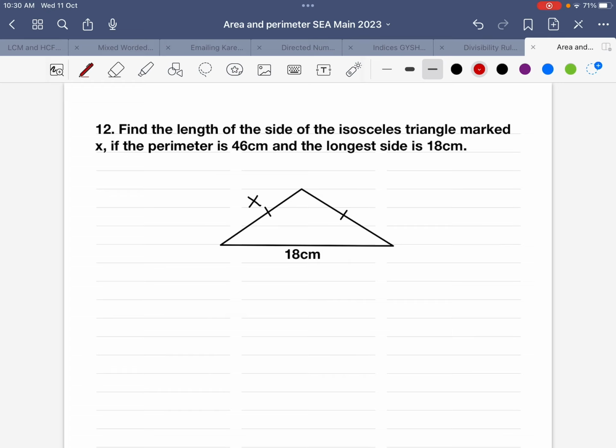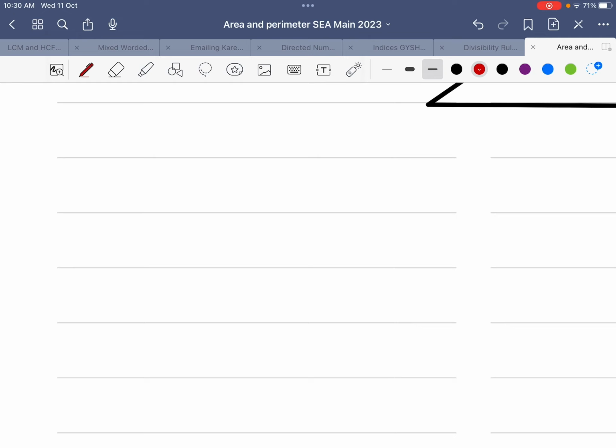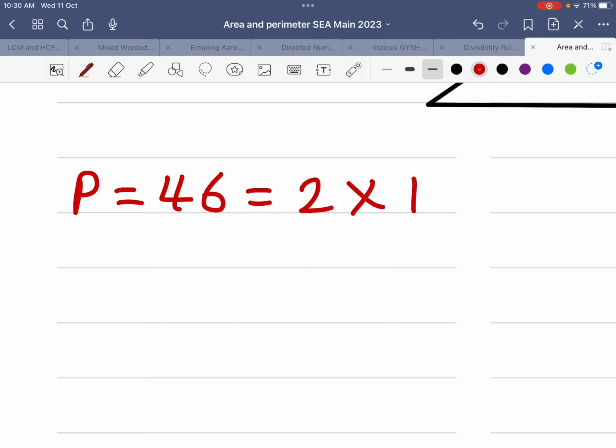Okay, that's correct. So the perimeter, which is equal to 46, is comprised of the 2 x's and the 18.